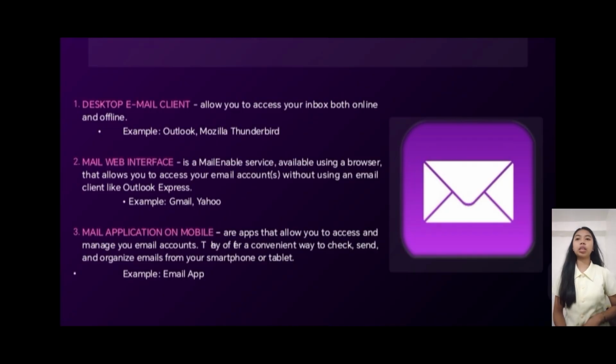The third interface to access mail is a mail application on mobile. These are apps that allow you to access and manage your email accounts. They offer a convenient way to check, send, and organize emails from your smartphone or tablet. So instead of using a computer and a web browser, you can use the application to check for new emails, send messages, and organize your inbox directly on your mobile device.